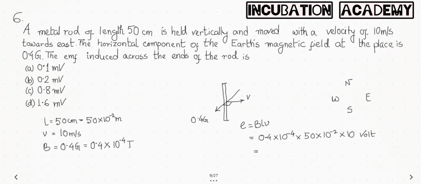So 0.4 into 50, we can say that is 20. 20 multiplied by 10 is 200. Now 10 to the power minus 4 and 10 to the power minus 2 is 10 to the power minus 6. So this will become 0.2 into 10 to the power minus 3. So that becomes 0.2 millivolt.